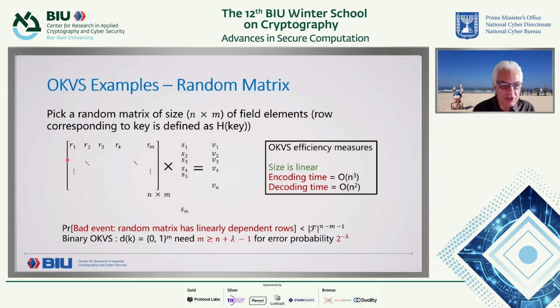I might also get a system which I cannot solve, but since this is random, this happens with small probability. If it's over a field, the probability is basically f to the power of the difference between the number of rows and columns. And if it's binary, where all entries are 0 and 1, then by adding an additional lambda gates, the probability is going to be 2 to the minus lambda.